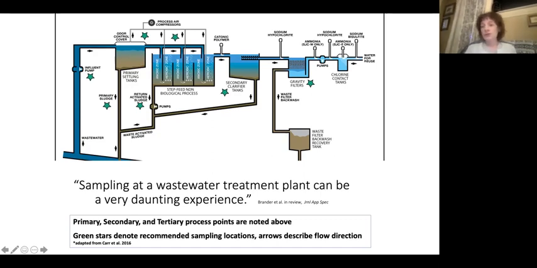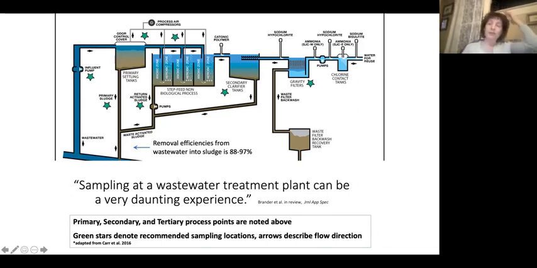And what the arrows describe is the direction of flow of the waste that's being treated. And you can see that removal efficiencies from wastewater into sludge are about 88 to 97%. So like I was saying earlier, you tend to find a lot more microplastic in the biosolids than you do in the effluent, in the aqueous part of the treated component that comes out of that plant.